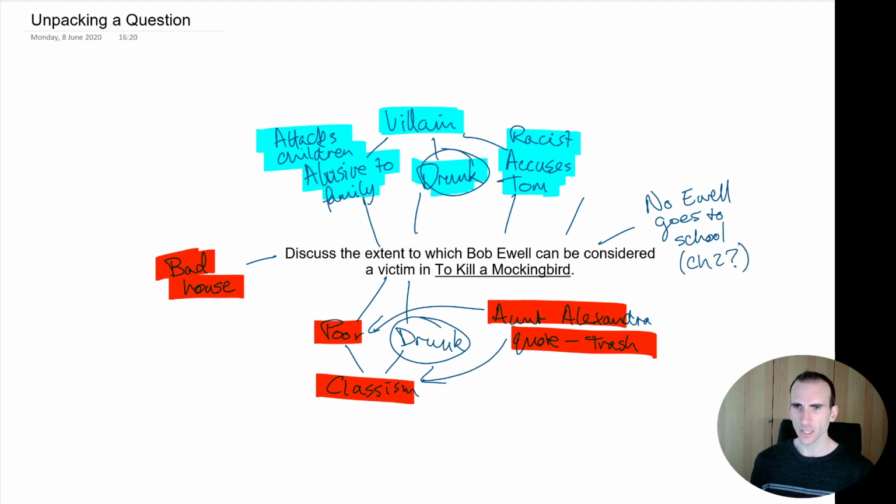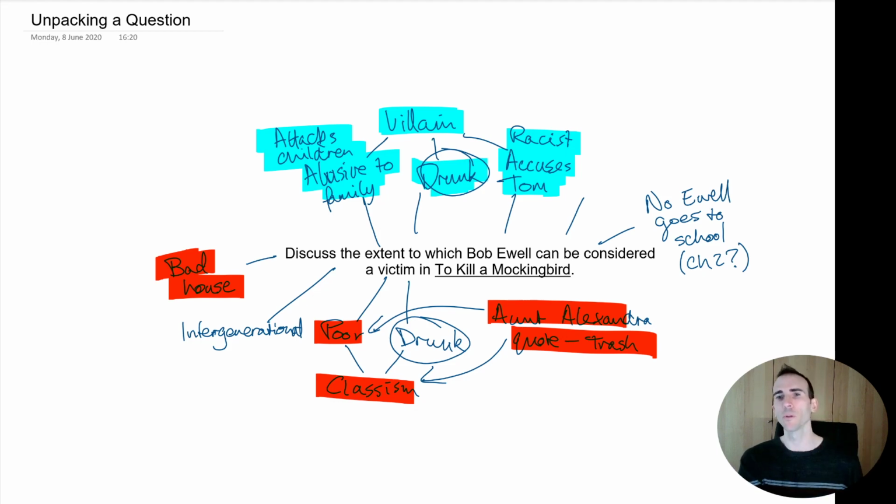And that's got me thinking about intergenerational poverty, but it's more than that. I can't think of the right term, but there've been problems going back generations with the Ewells. Intergenerational problems, I'll just write for now. I'll try and think of a better word than problems down the track.